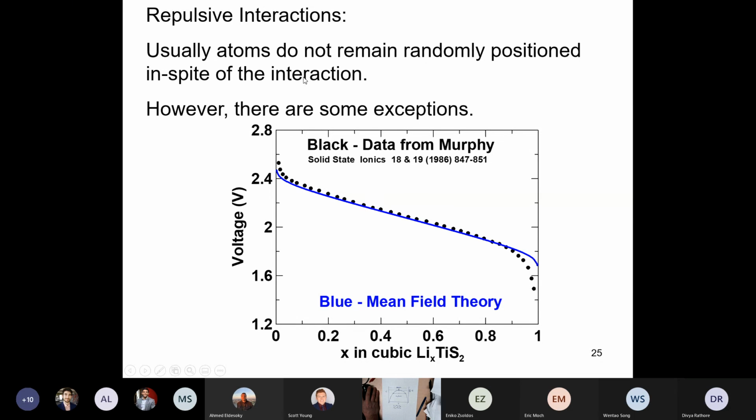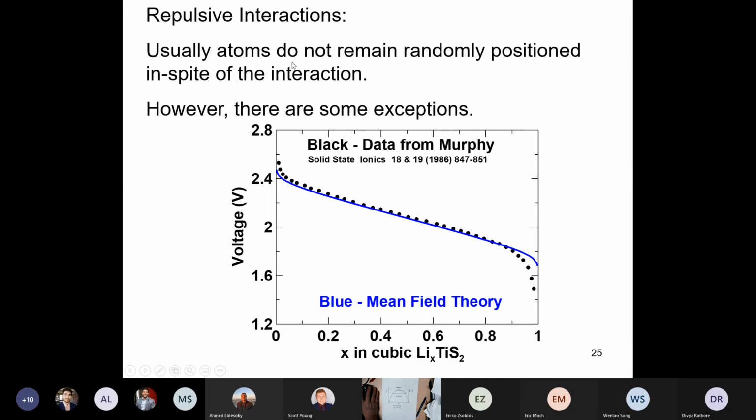But there are some exceptions. And this is one here where you talk about what's called cubic titanium sulfide. Okay, so I haven't told you what cubic titanium sulfide is yet, I don't think. But in that case, the mean field theory in blue and the data in black match really well.